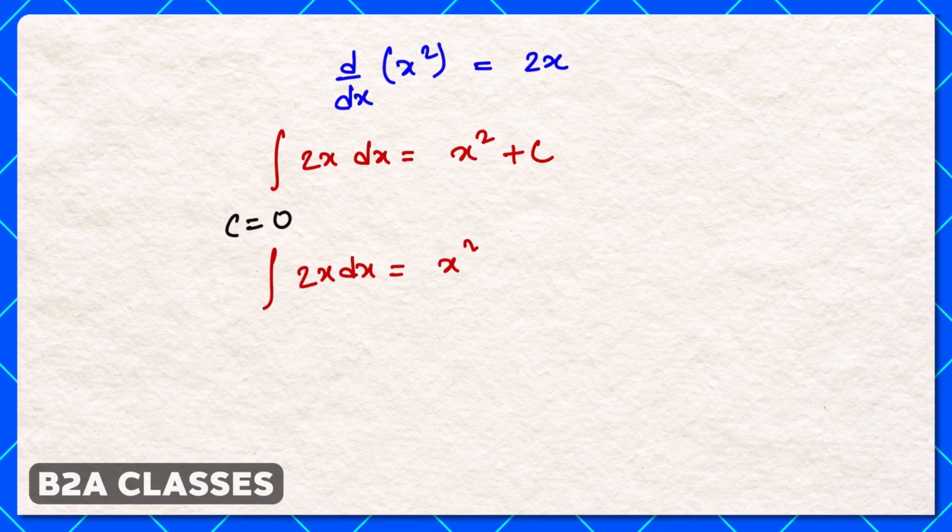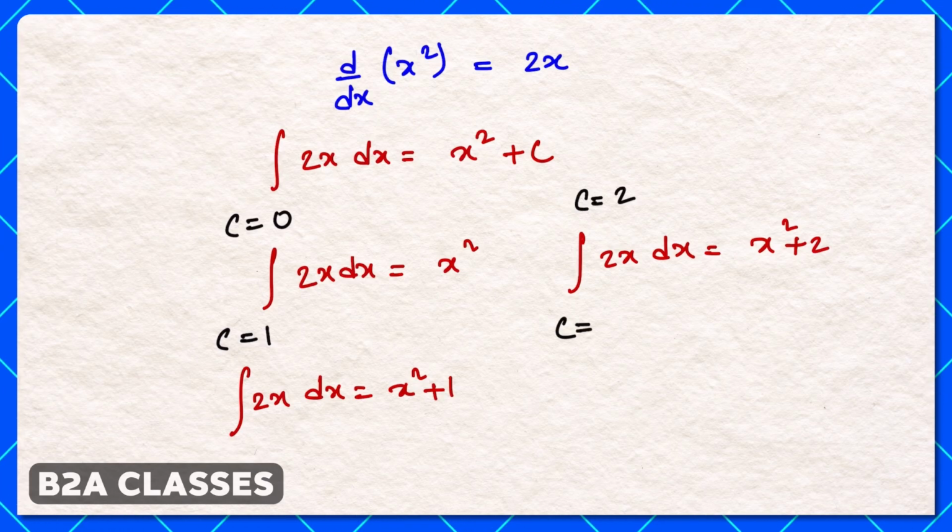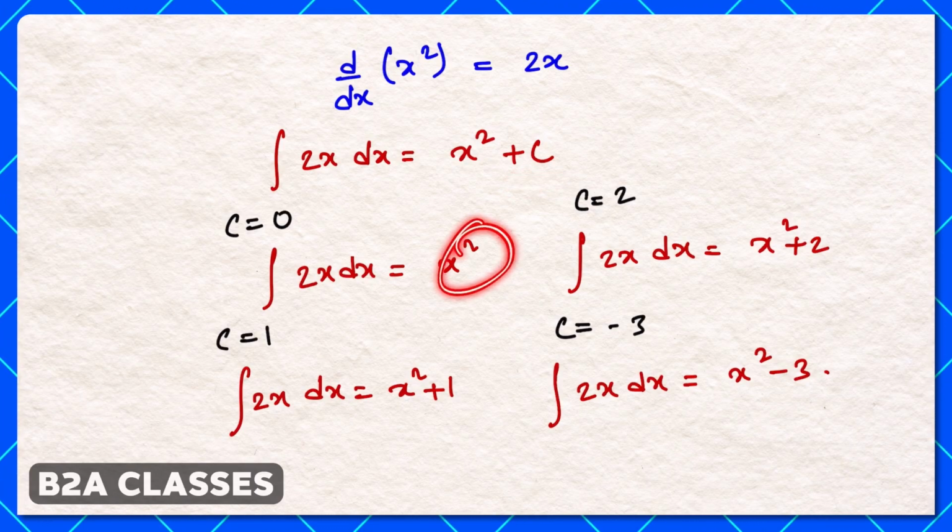Now let's take c equal to 1. So the integral of 2x is x square plus 1. And let's say c equal to 2. So the integral of 2x will be x square plus 2. And let's say c equal to minus 3. So the integral of 2x will be x square minus 3. So for different values of c, we will get different functions.